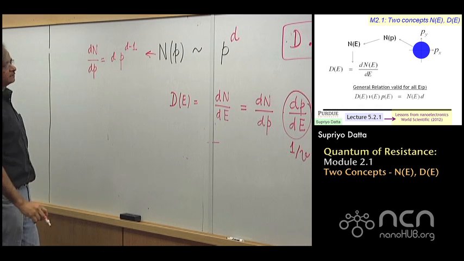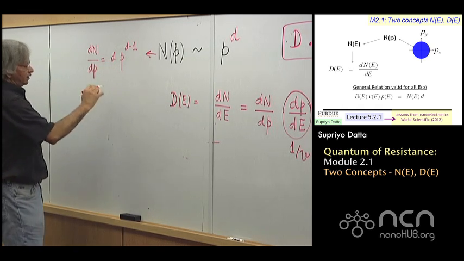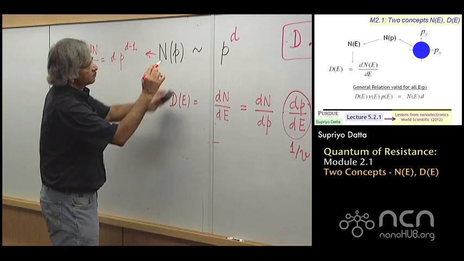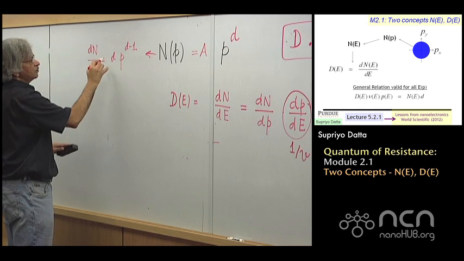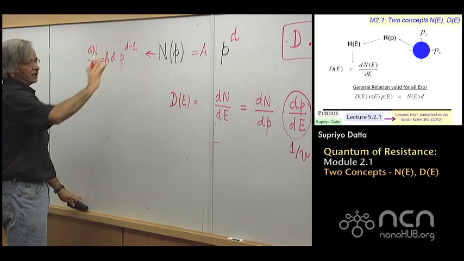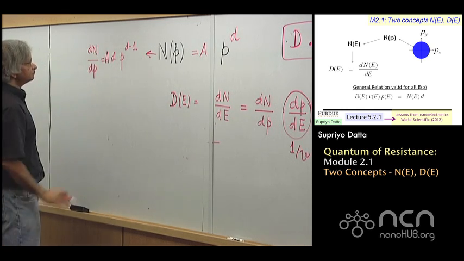So what that means is, I guess this is proportional, so let's say there is some constant a here, and here also I'll put some constant a. A is just some constant we don't need to know.